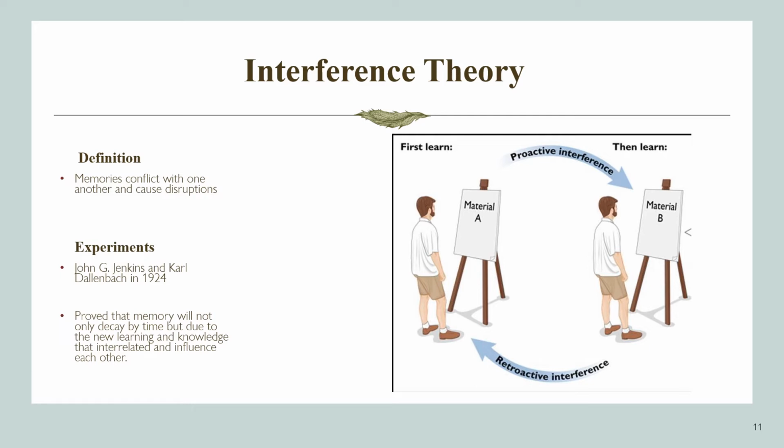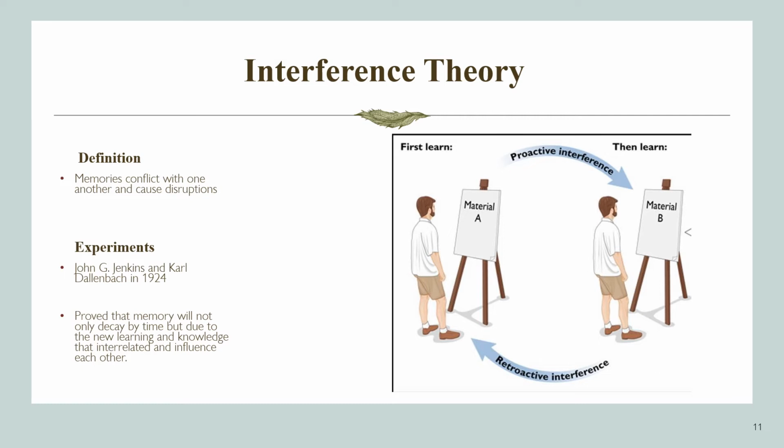There are two types of interference. First one is proactive interference. It is when older learning or information interferes with present learning or information, making it harder for an individual to learn new information. For example, we will write the previous year down whenever we write the dates for the first one or two months in every new year.